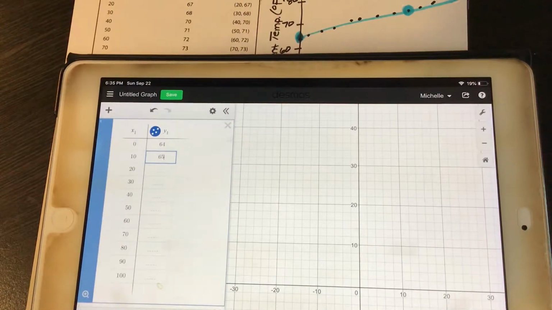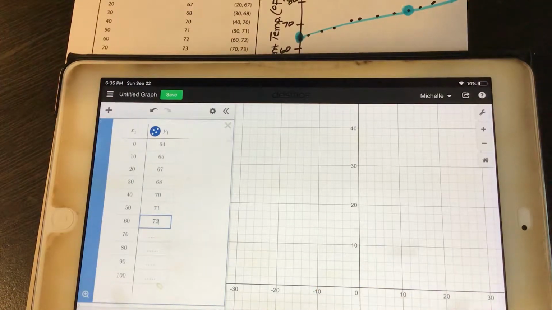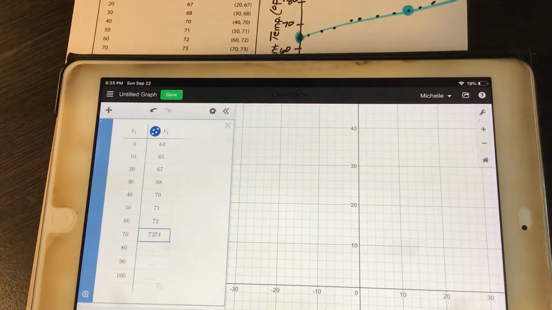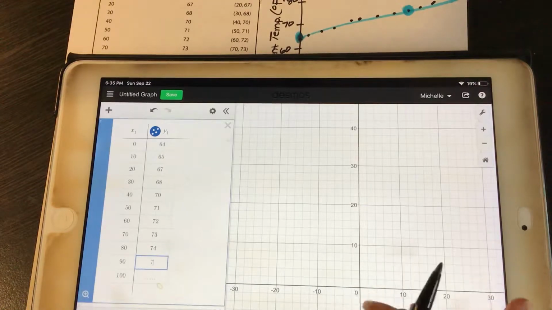And then 65, 67, 68, 70, 71, 72, 73, 74.